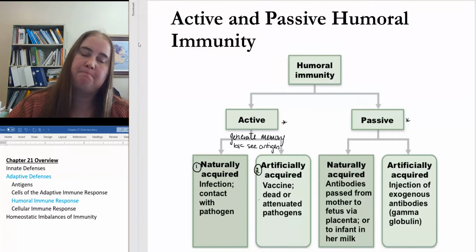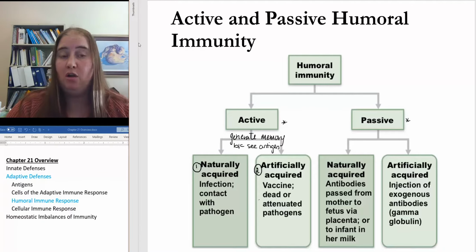Okay? Now, there's also passive humoral immunity. In passive humoral immunity, this is transient or short-lived, okay?